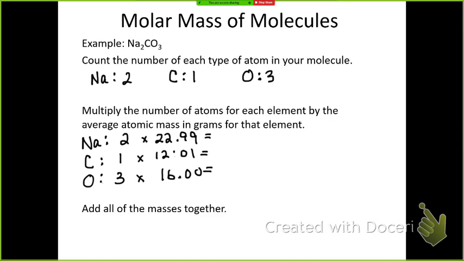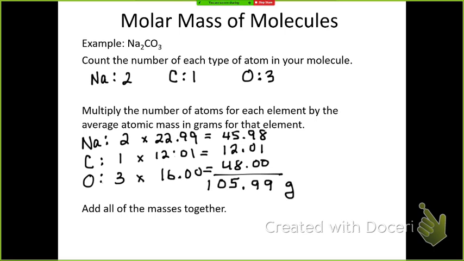So 2 times 22.99 is 45.98. 1 times 12.01 is 12.01. And 3 times 16 is 48. So I'm going to add all these together to get my total mass. And I get 105.99, and my units are grams per mole.